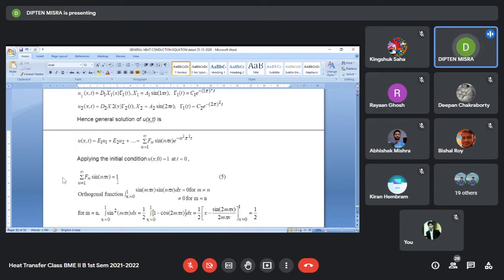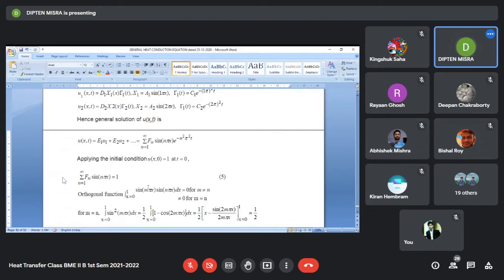So this thing, the integral of sine square m pi x dx, will be equal to half when m is equal to n, whereas for distinct values of m and n, it is equal to 0. So that is the test of orthogonality. A function can be orthogonal by itself or may not be orthogonal by itself, but it may be orthogonal if you multiply with another function of x. And then it is called orthogonal with respect to that function of x. Here it is orthogonal by itself. So how do we know?